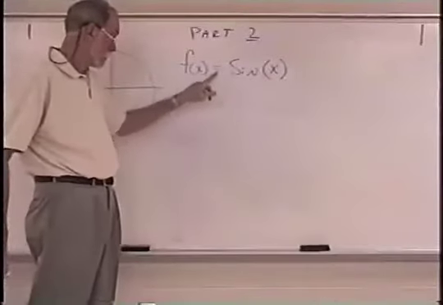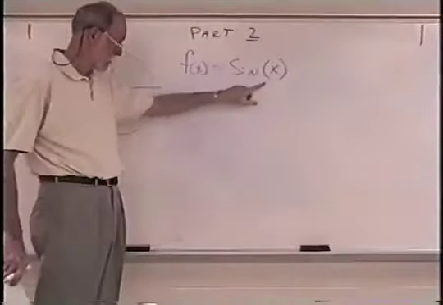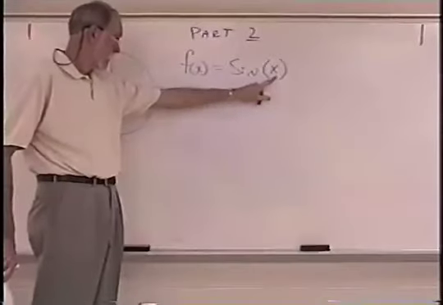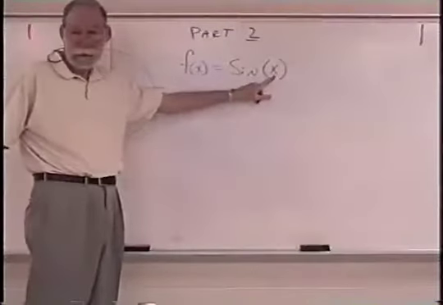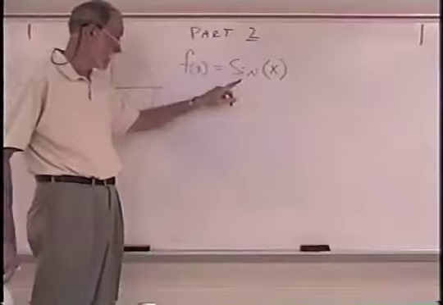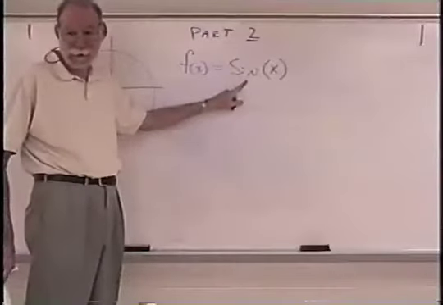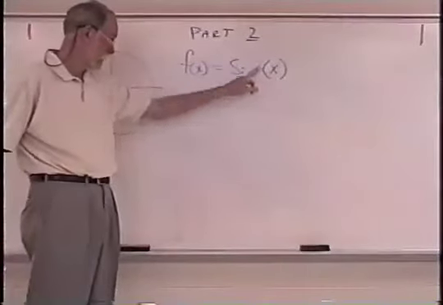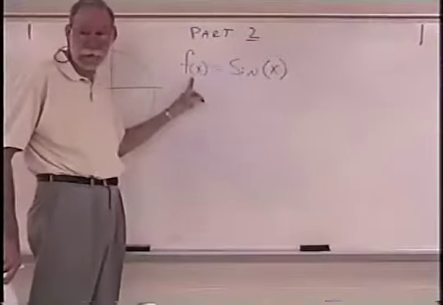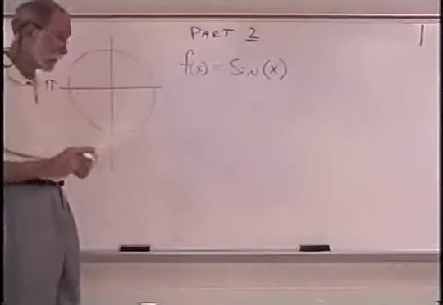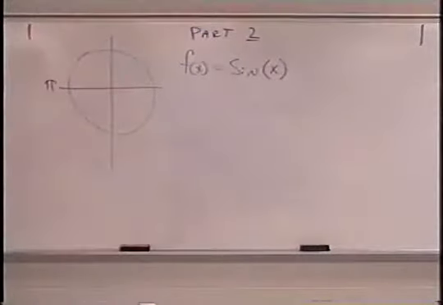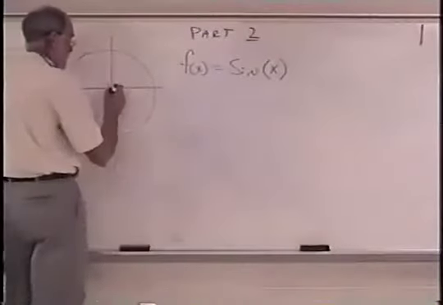And that's something else you need to be sure you know how to do too. Plug that number in here, radians or degrees, and then take the sine of that angle, and this will give me the functional value, the f of x value for that.